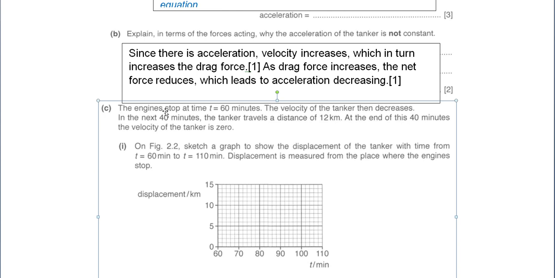In the next 40 minutes, where the tanker still travels a distance of 12 kilometers, somehow from 0, I travel towards the forward distance to 12, which means I end up somewhere here. The shape should represent velocity decreasing, which means the gradient should be dropping. Then after that, it should be a horizontal line because velocity is 0, which means displacement is a constant.